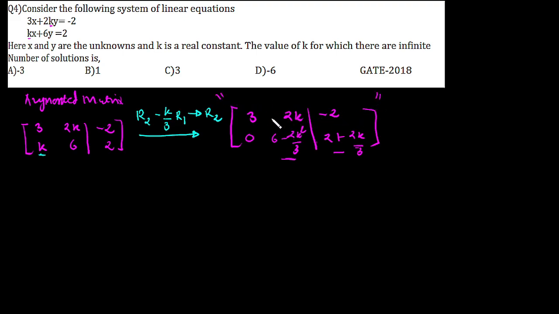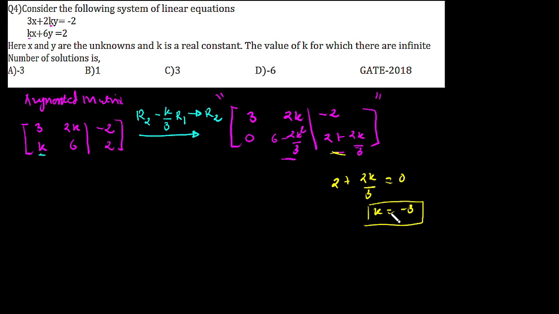To make the rank of the matrix 1, we have to make the second row all entries 0. So now let's equate this term with 0. So I can say 2 plus 2k by 3 equal to 0. So one can say the value of k is nothing but minus 3 from this equation.